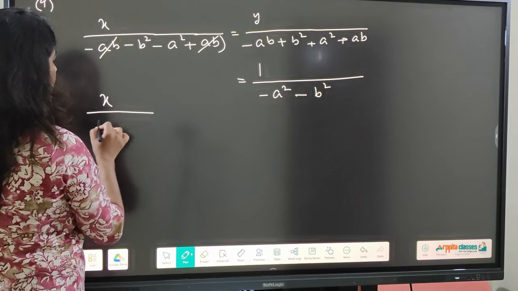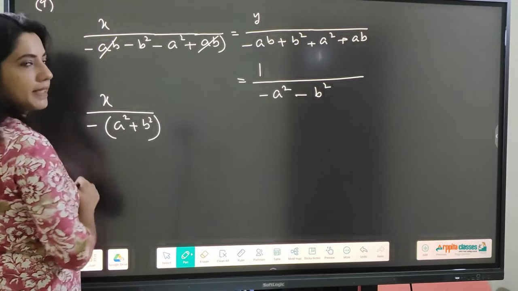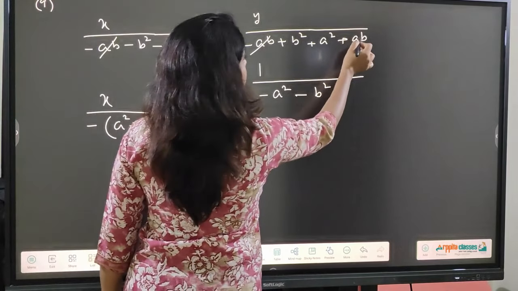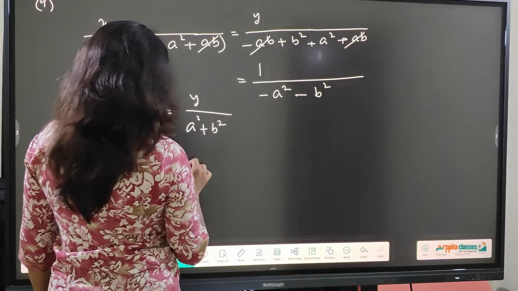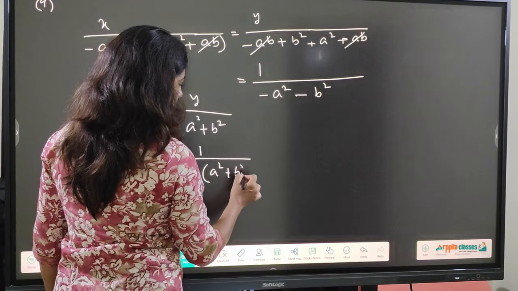X upon, if I take minus common, it will be a square plus b square inside the bracket, is equal to y upon, here also minus ab plus ab cancels and you get a square plus b square, is equal to 1 upon, if I take minus common, again a square plus b square.